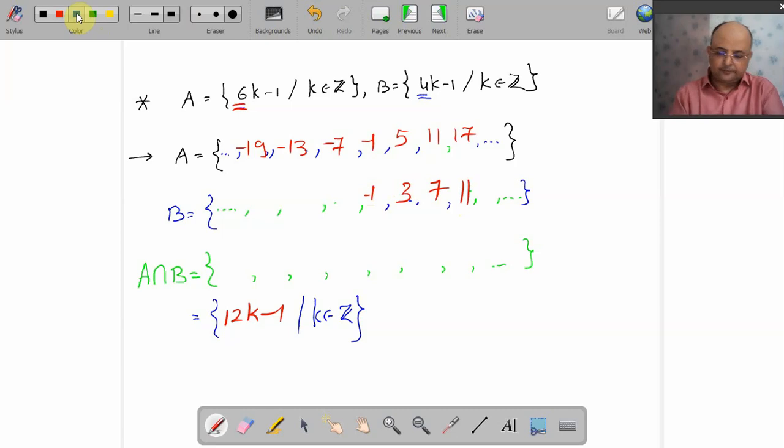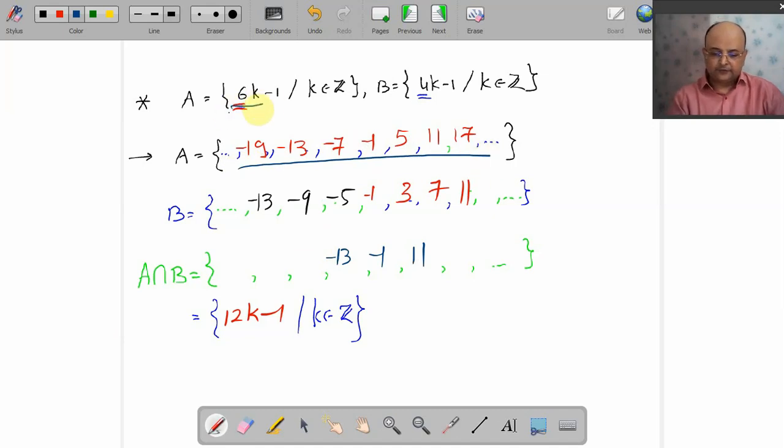We go for this, -1 minus 4 is -5, -5 minus 4 is -9, -9 minus 4 is -13. And now let me write down the common elements. Well, -1 is there, 11 is also there, then -13, yes, it is there, and so on.